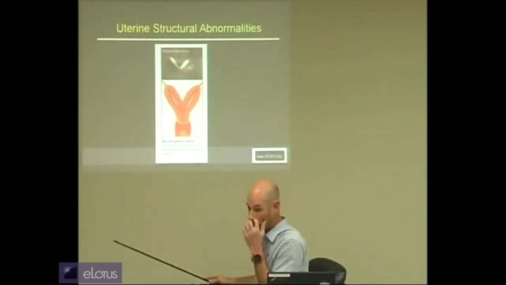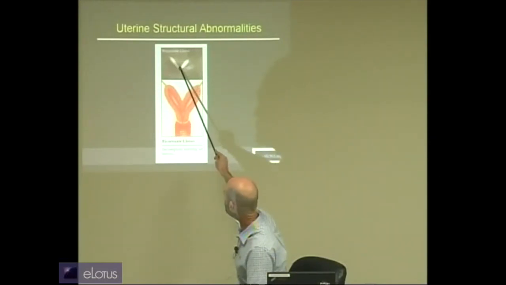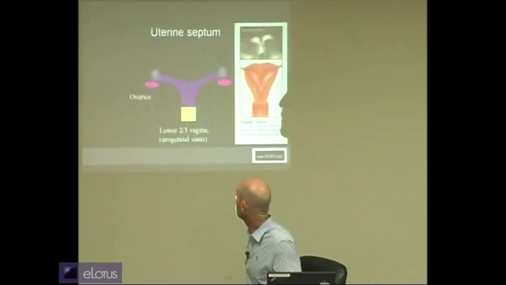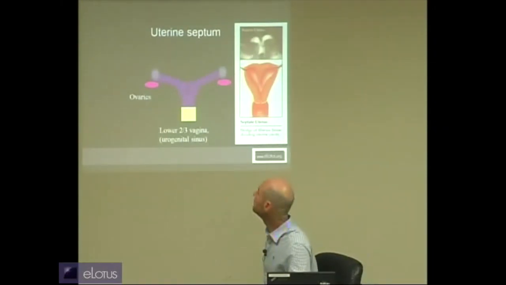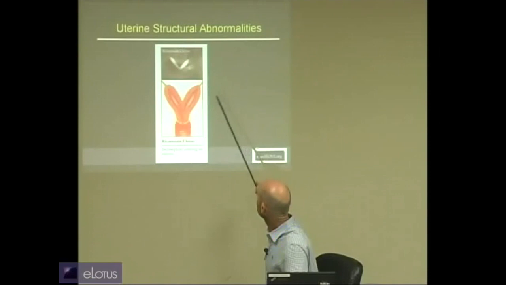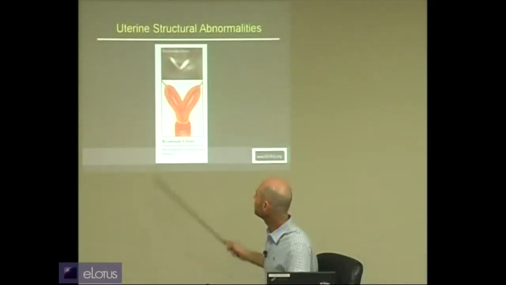Now, interestingly, if you just look at this HSG, you can just see this part, and you got this wedge of tissue here. If you look back to this HSG, you got this part and this part, you got this wedge of tissue here. There's no way to identify necessarily the difference between a septum like this and a bicornuate uterus like this just by the HSG. So you need other information telling you about the shape of the uterus.